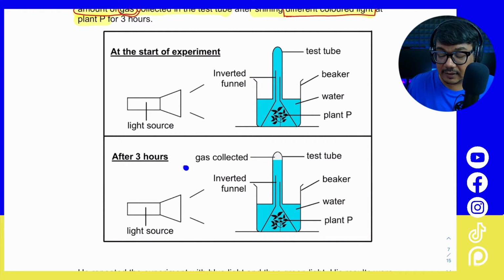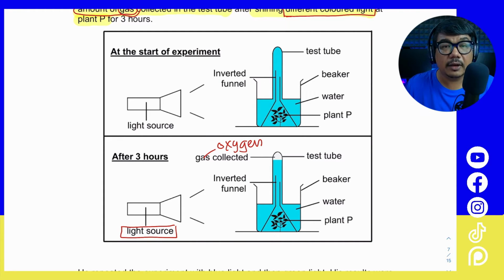We have gas that has been collected, and as mentioned in the first part of the information, this gas would be oxygen, because there is a light source, which means photosynthesis will take place. I think that's about all to note in this diagram. Let's move on.